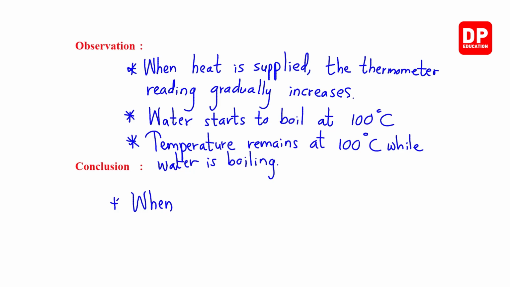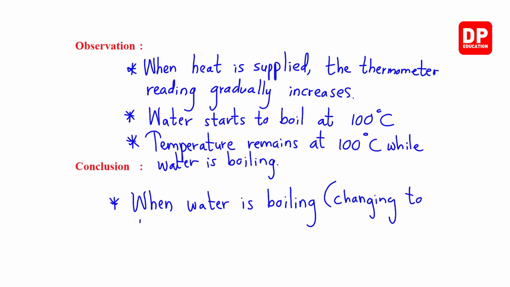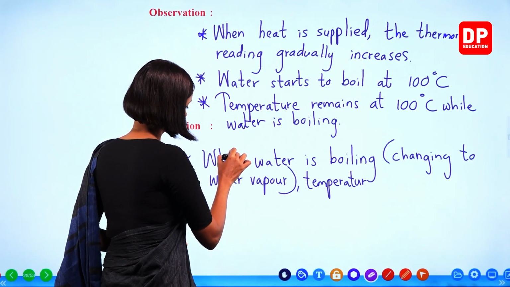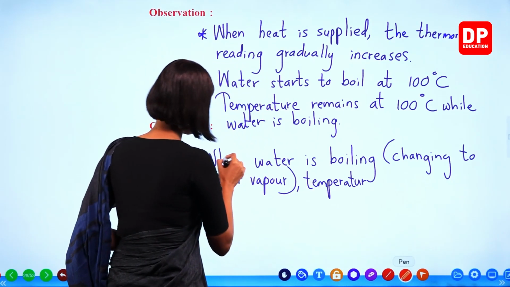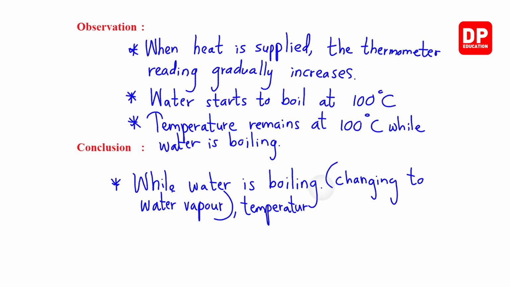Conclusion. When water is boiling, which means change into its gas, change into water vapor, temperature while water is boiling, temperature remains at 100.